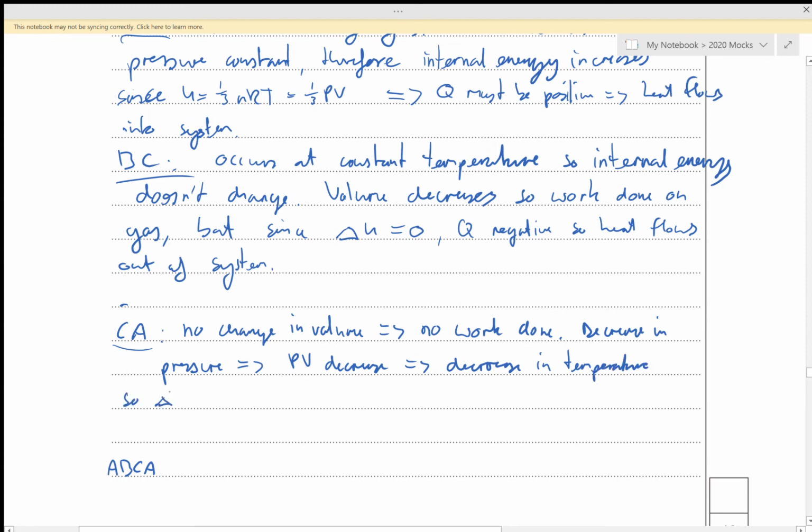So delta U is negative. W is 0. Therefore, Q is negative, and heat flows out.